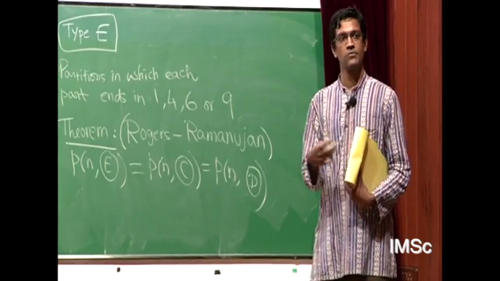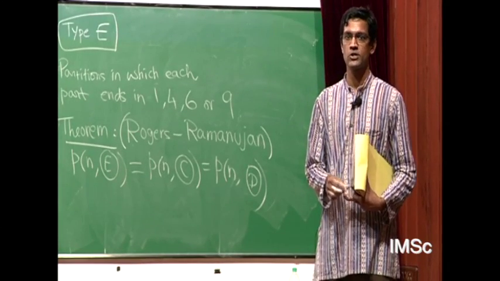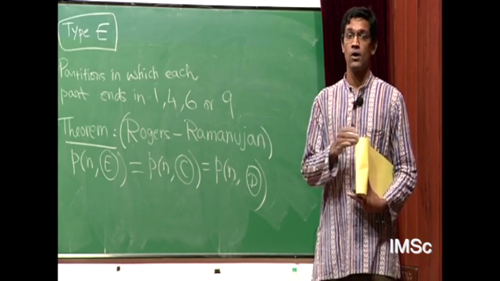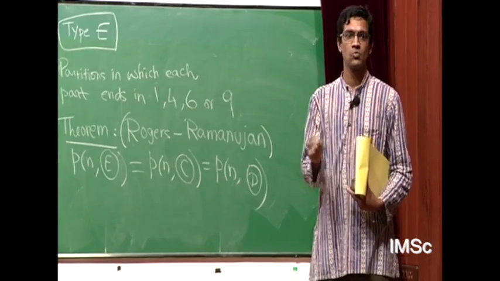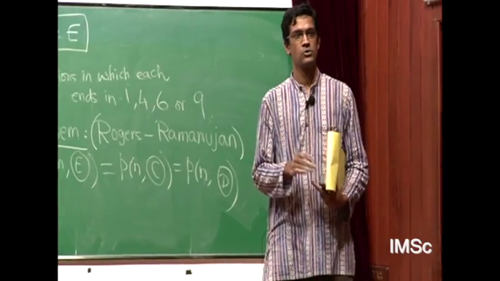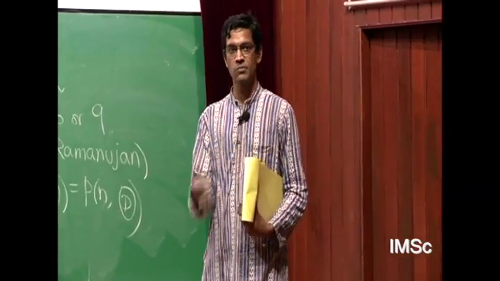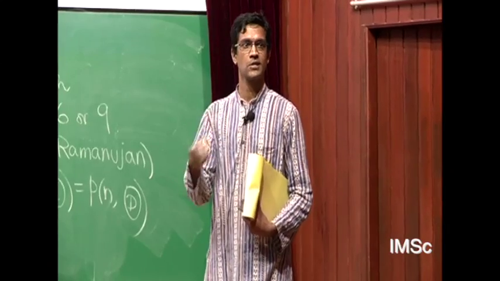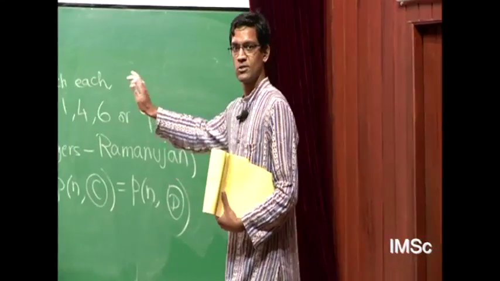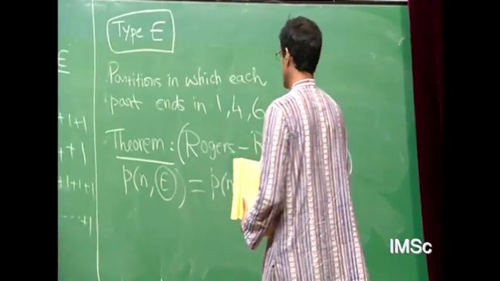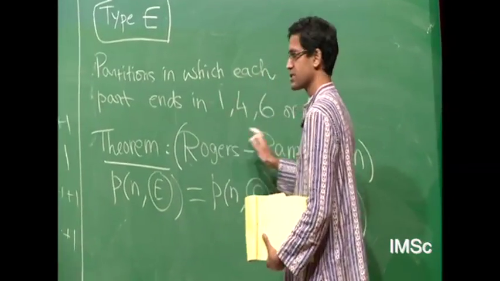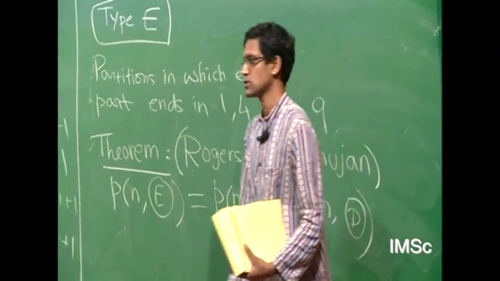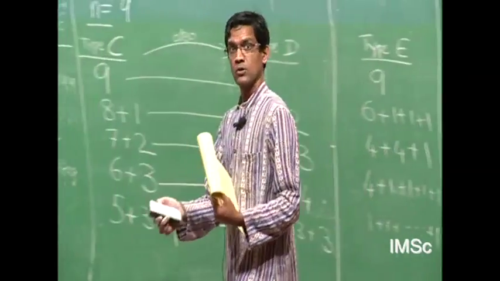Another way of saying this, if you have seen these kinds of things before, is to say that when you divide by 5, you get a remainder of 1 or 4, that is, plus or minus 1. There are various divisibility properties involving congruences, as they are called, and there are hundreds of them. There are many such theorems which involve using parts which are congruent to, or whose remainders are, some fixed numbers and so on.